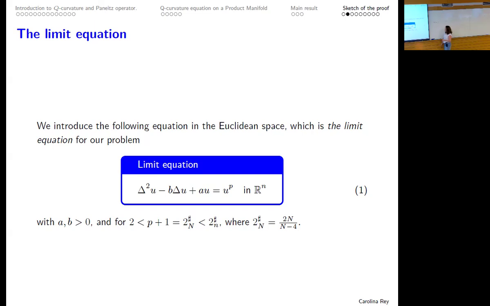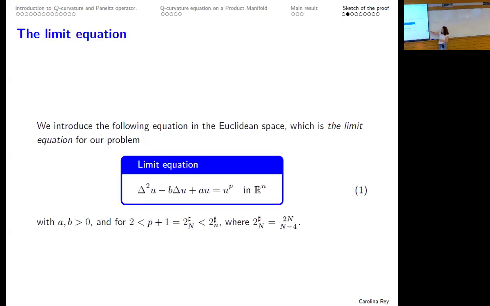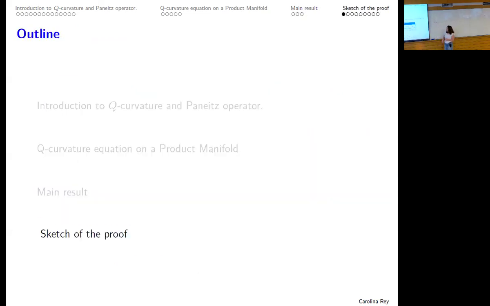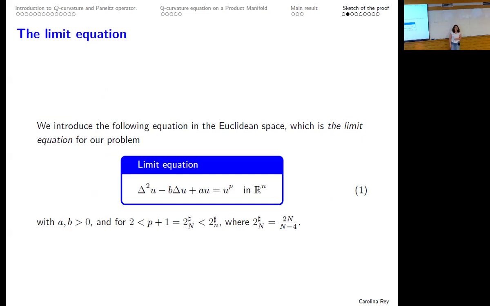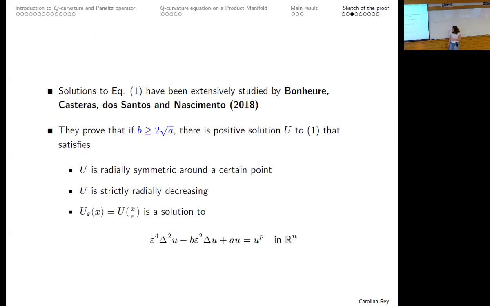The exponent is subcritical. And we will call this equation, but we didn't get this by taking the limit of epsilon going to 0. In the original equation on M, we have the epsilon involved in this one. This is independent of epsilon, but it has some properties.